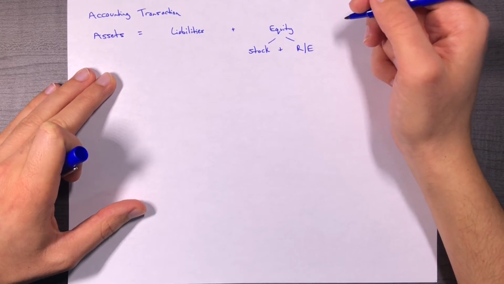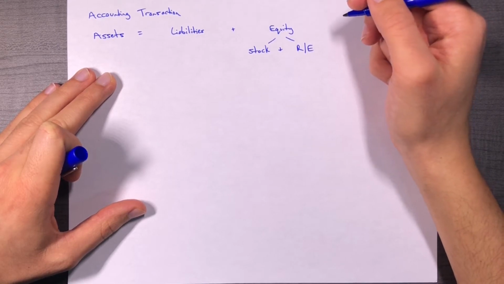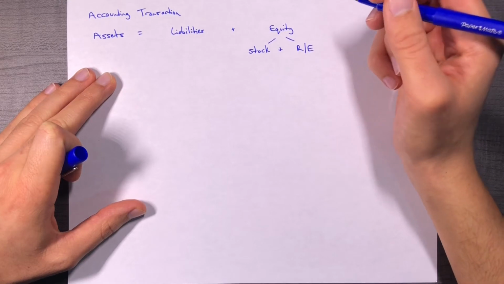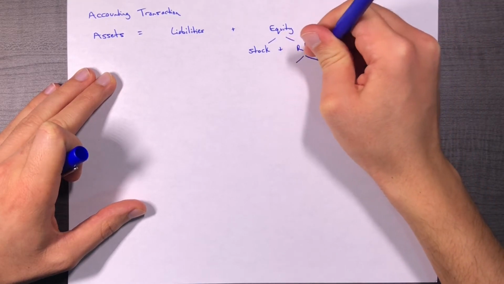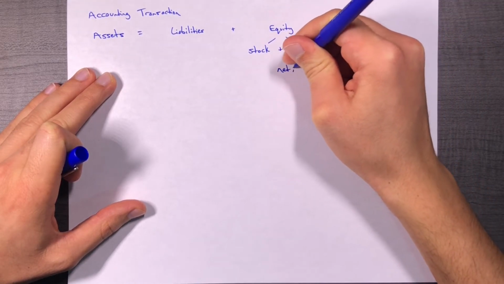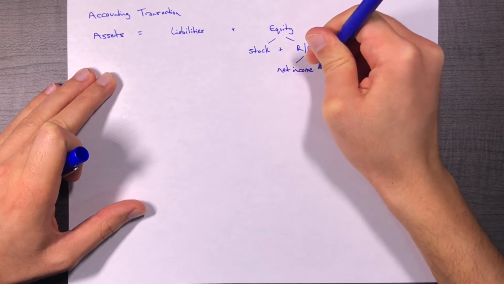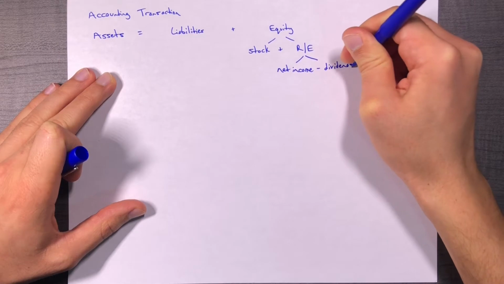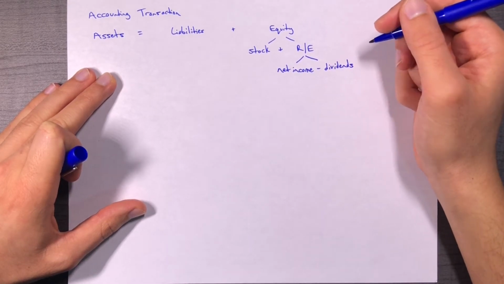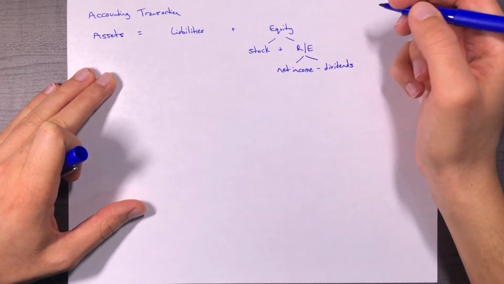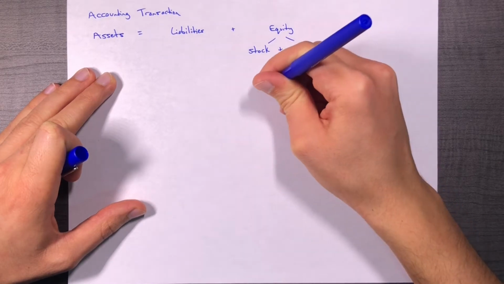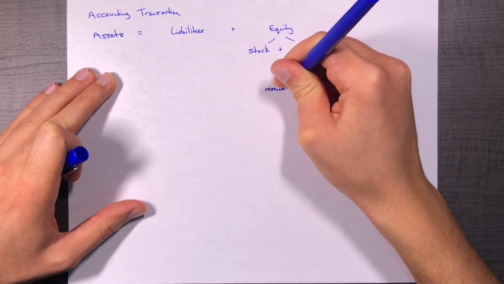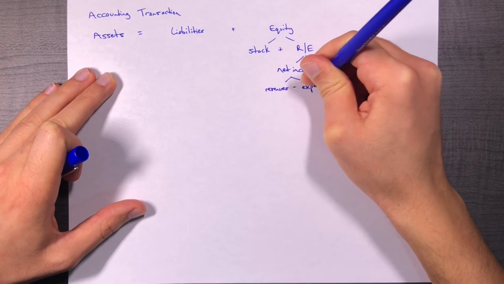That helps us a little bit, but we can dig deeper. Let's now take retained earnings and break it down into two components. Net income less dividends. And finally, net income can be separated into revenues less expenses.